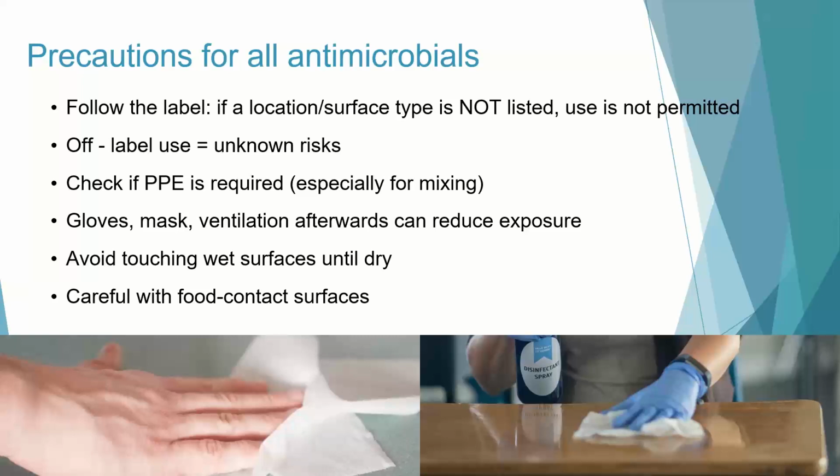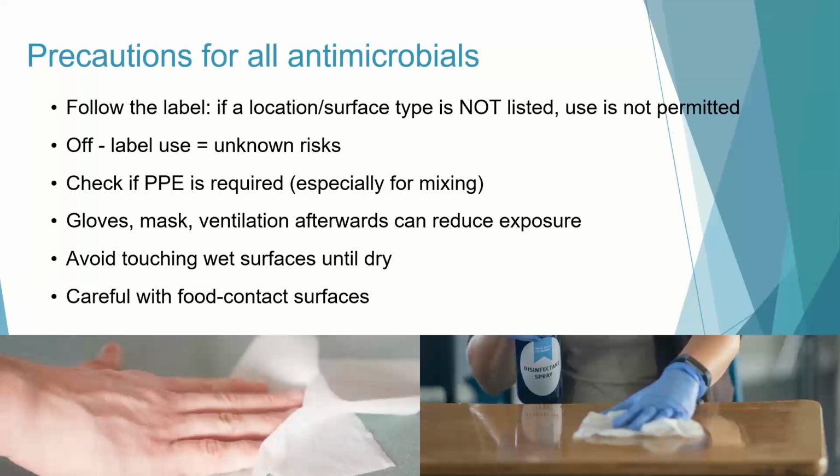So the way the label works is they're going to list the places that you can use something. They're not going to list all the things you can't do with it, just the things you can do. And that includes surfaces, kind of general use patterns, types of locations, types of objects. And if you do something that's not on the label, like use it on your skin as a hand sanitizer, then we have unknown risks because it hasn't been evaluated for that use.